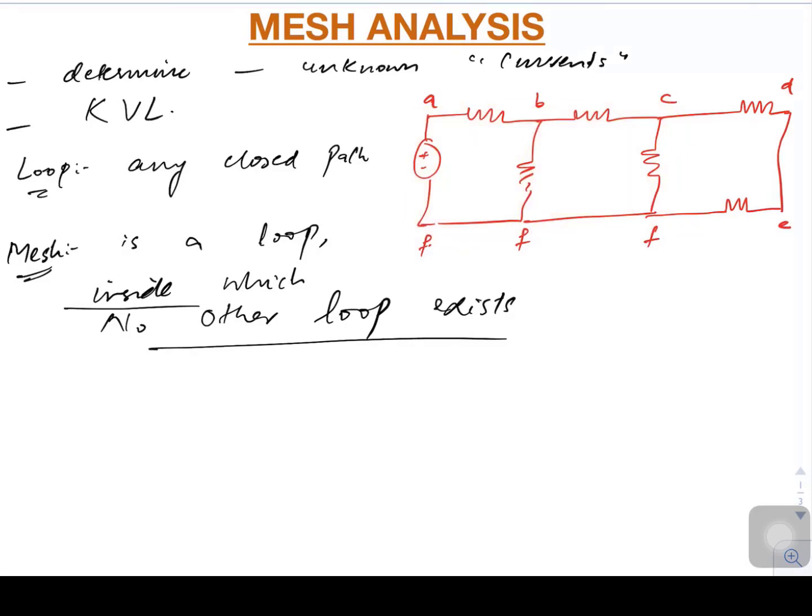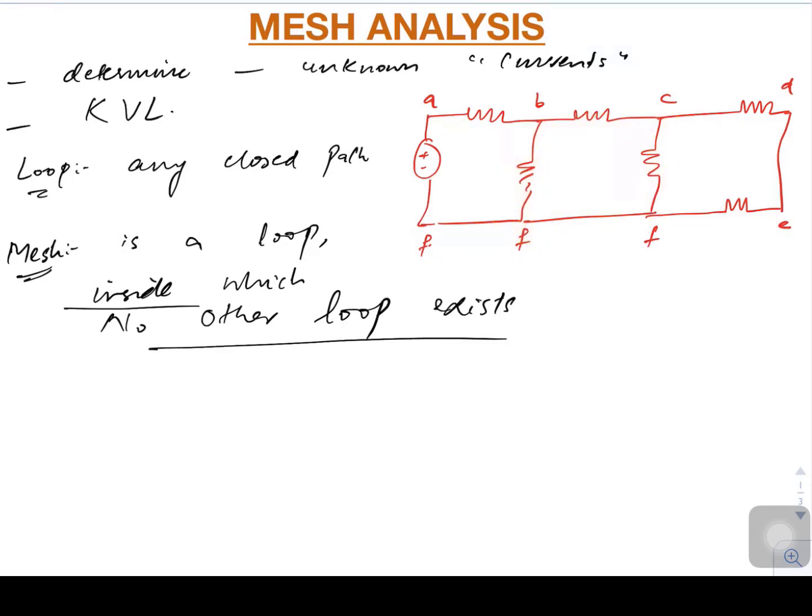This is how we differentiate. A loop can be a bigger path also. This one is also a loop, or this bigger path is also a loop. But mesh means inside of which there must be no other path. If we talk about this one, it is a mesh, and it is a loop also.